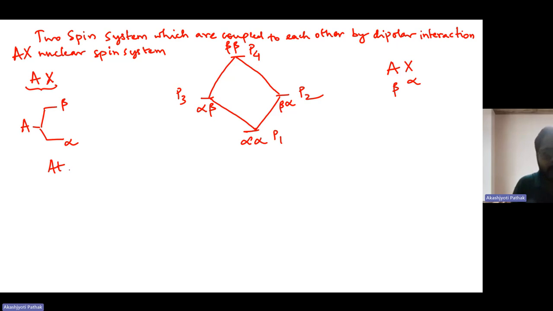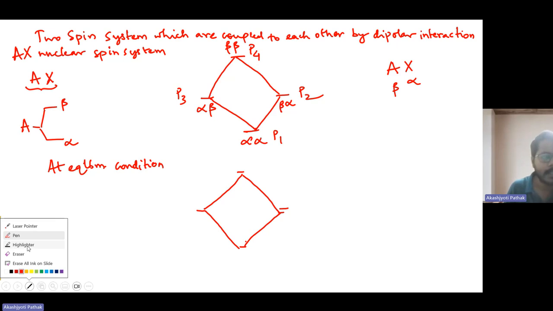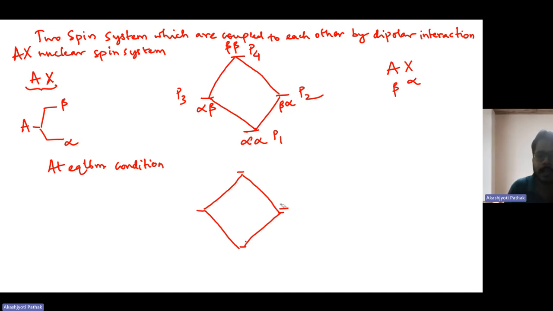At equilibrium condition, let's say that there is a population difference between these spin states by a difference D. Okay.